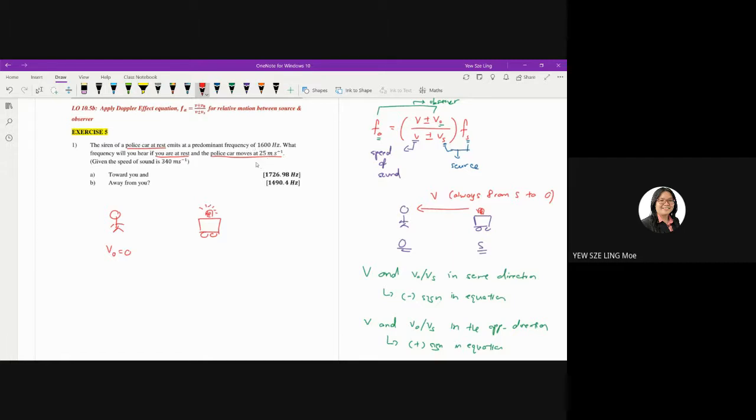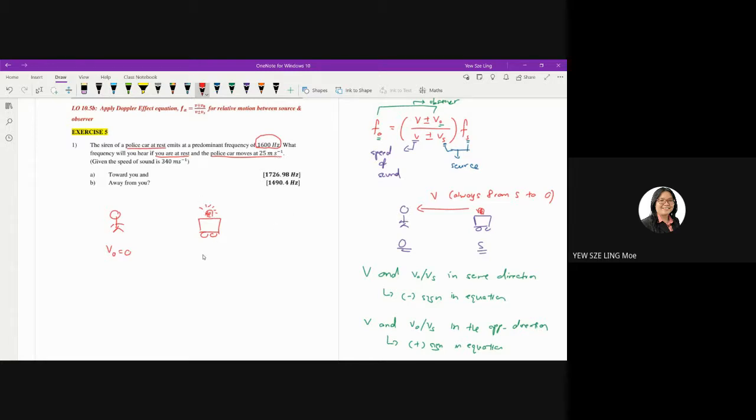You cannot record the frequency when it is moving. So the reason it tells you the police car is at rest is because it wants to tell you that your Fs is 1600 hertz. If the frequency is being observed by you when the object is moving, then we call it the observed frequency. So there is a slight difference between observed frequency and frequency of the source.